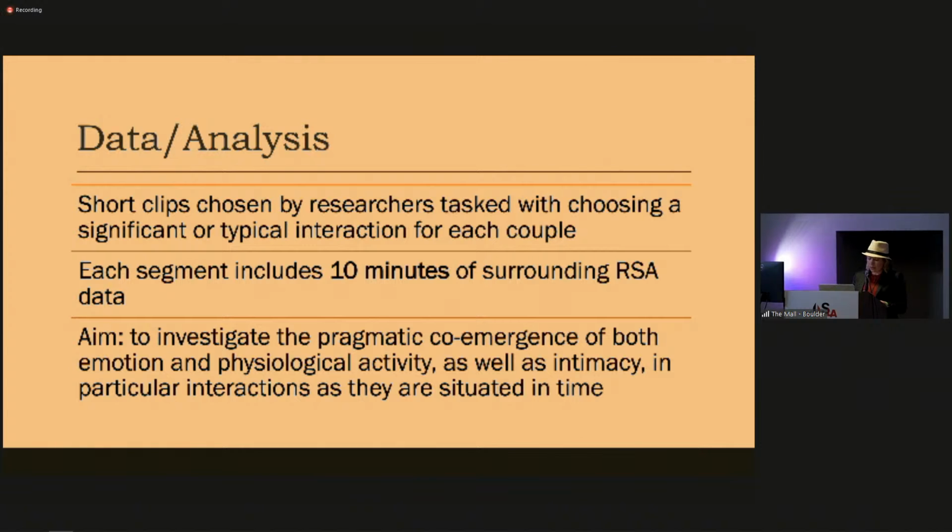This is because even though these focal interactions are short, they're not events with hard boundaries, as in experimental psychophysiology, but rather snapshots drawn from a continual stream of interaction occurring in conjunction with equally continuous physiological co-regulation. This 10-minute RSA window allows us to discern the physiological context within which the focal interaction occurs.